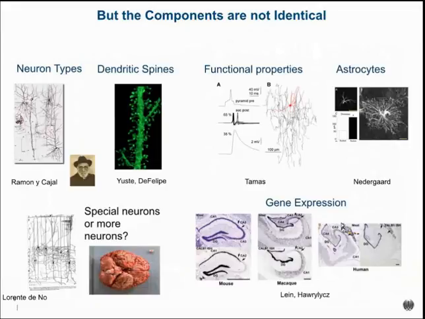So, and of course there are differences, so if you look at, for example, spine density between mouse and humans, they differ.